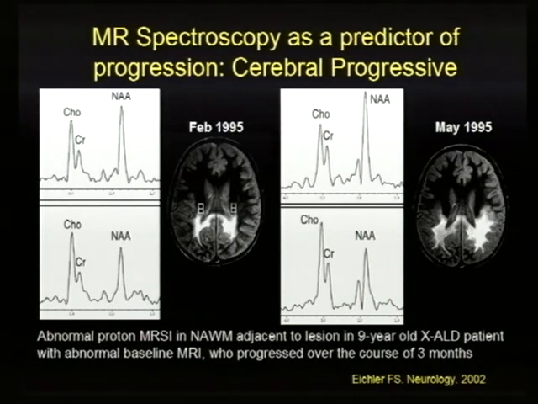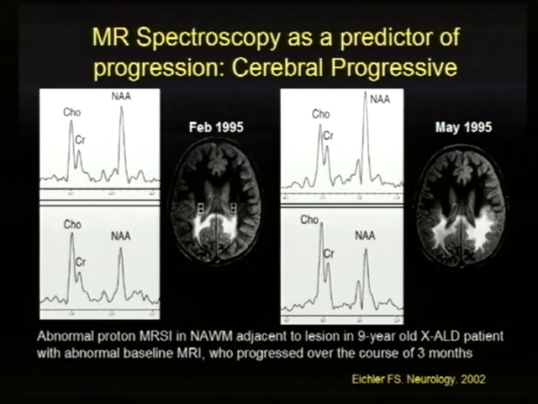Now, we found this in a patient who has early adrenoleukodystrophy. This little lesion here in the white matter, these are the ventricles, but it is this white matter abnormality which was characteristic of ALD.